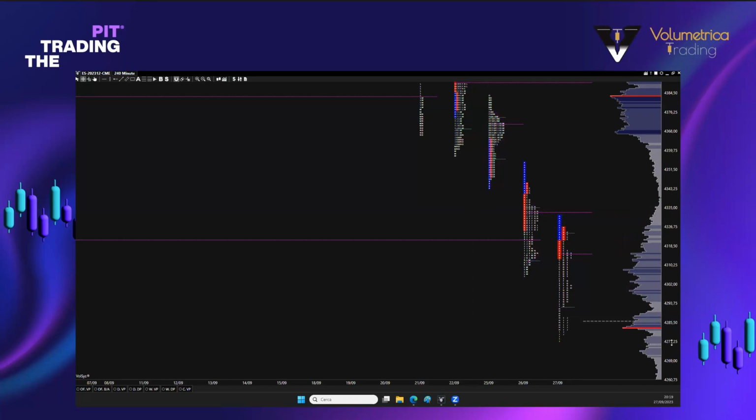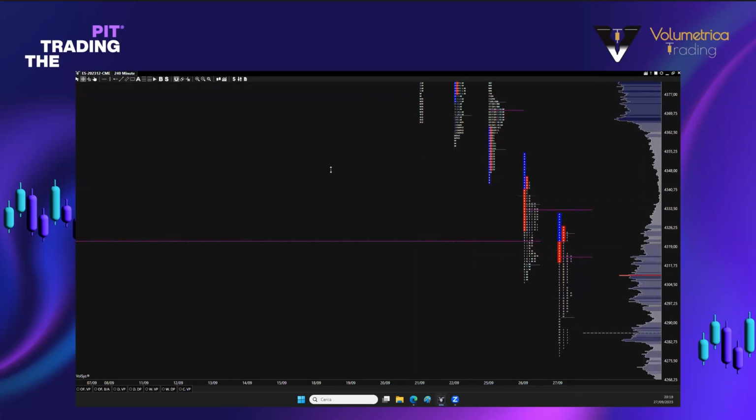First thing to talk about, how does it form? Well, you will notice that every profile is made by letters. We don't have price bars, we don't have volume histograms, we have letters.